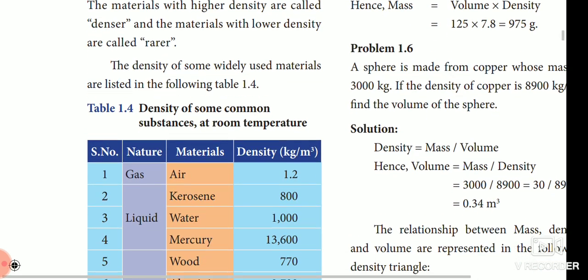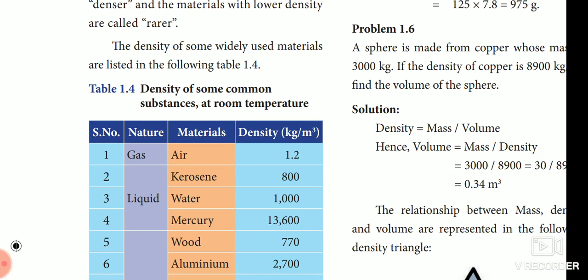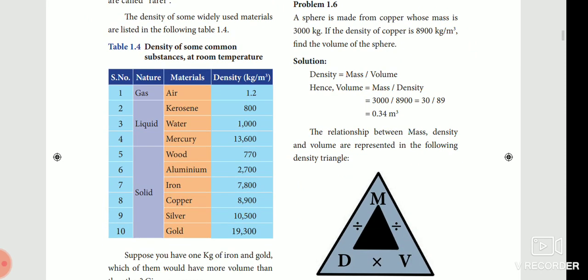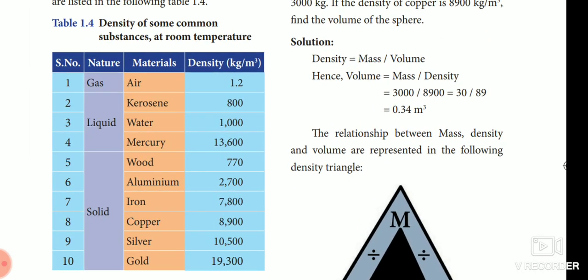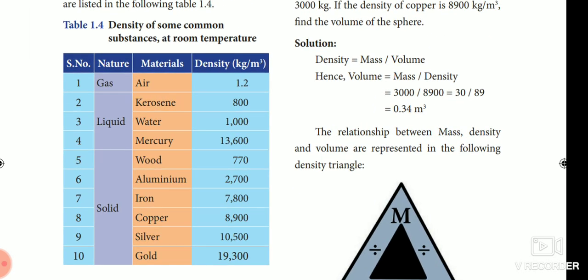Now, density of some common substances at room temperature. Natural gas, air: density 1.2 kilogram per cubic meter.